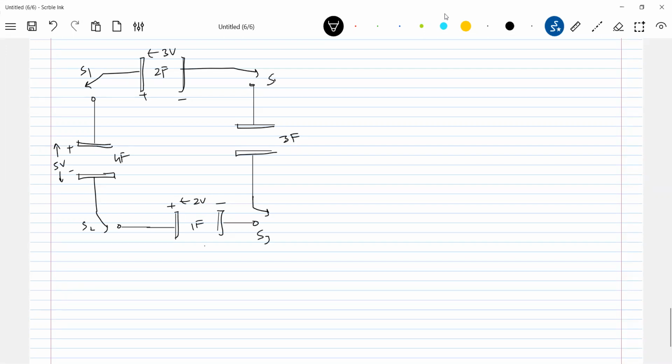So initially only the 3 farad capacitor does not have charge. I'll bring a group of capacitors like this.